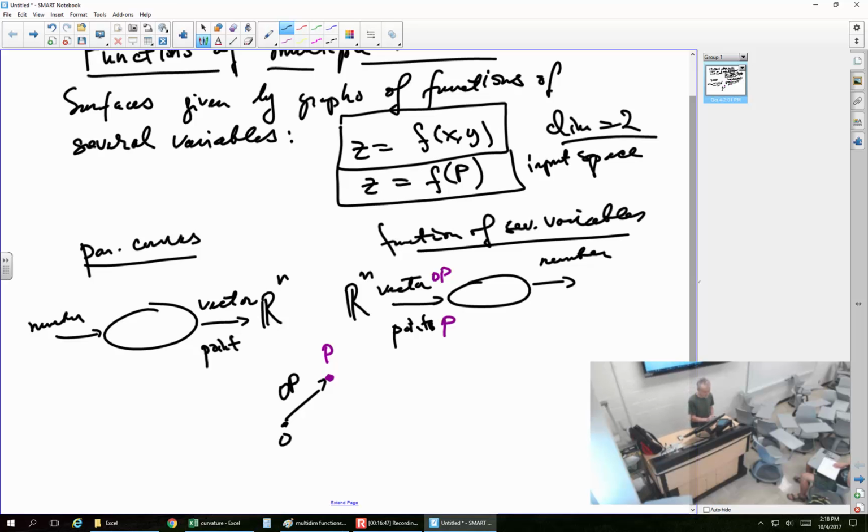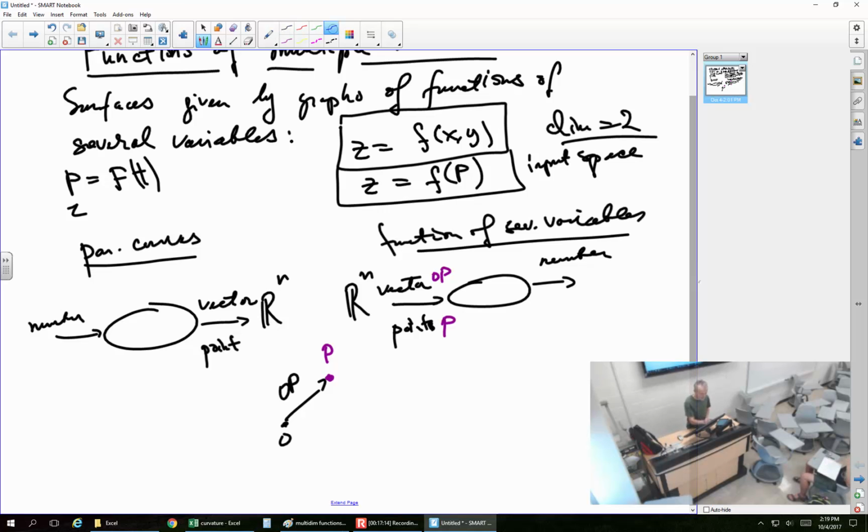We could speak of something like this. Just like with parametric curves, we had P equal to f of t, where P could be a point or a vector. You can also express it as x, y, but it is much more beneficial from the very beginning to incorporate as much multidimensional geometry and vector algebra as possible.